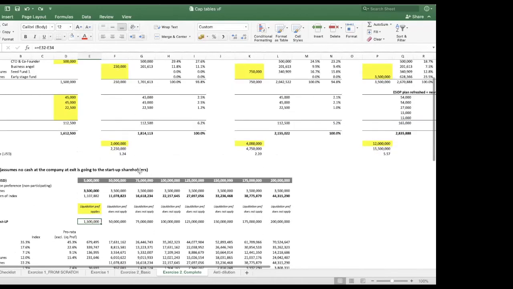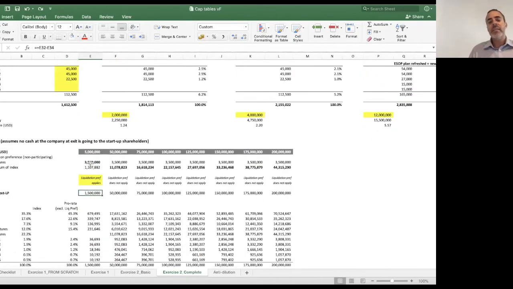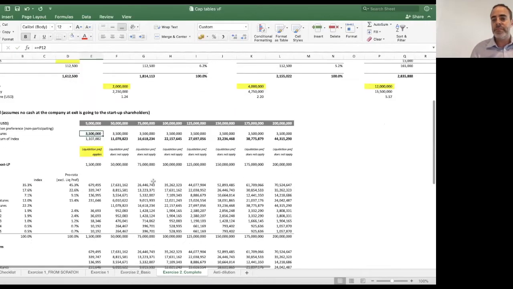You have 5 million on the top, 3.5 million, right? Sorry, it says Index Ventures, but it should say Beta. So Beta is going to get 3.5 out of the 5 million.